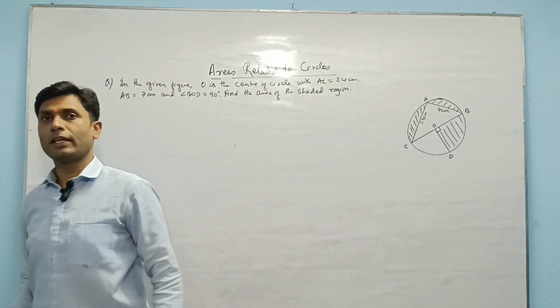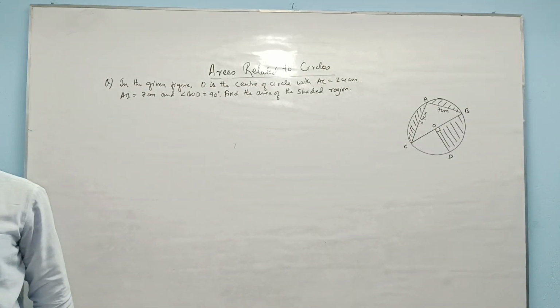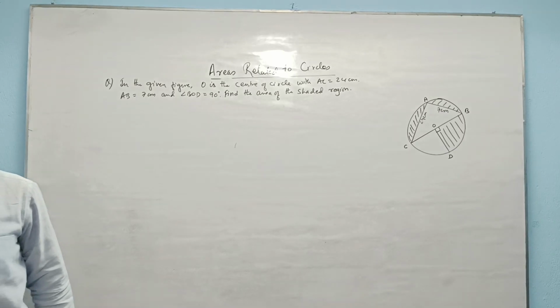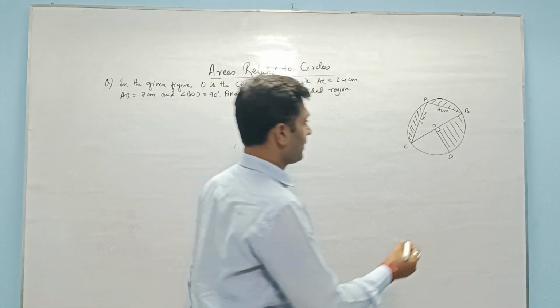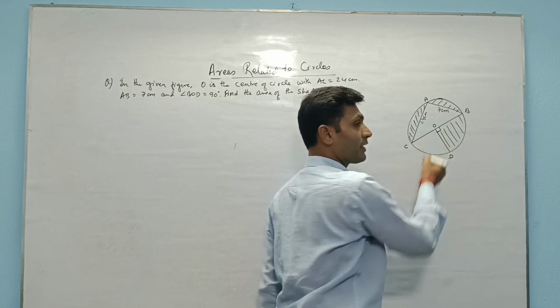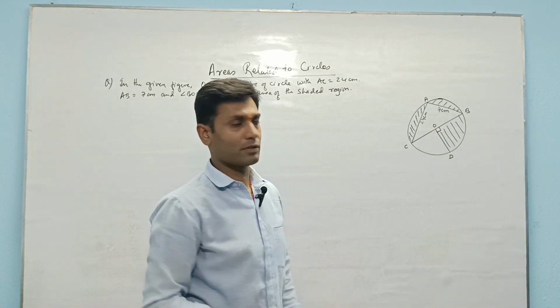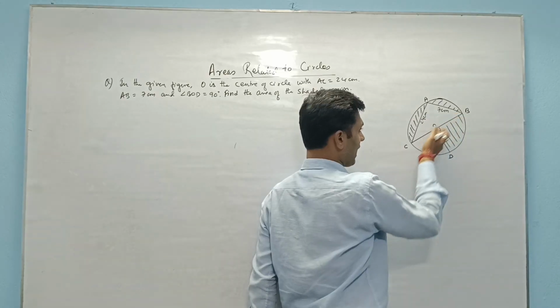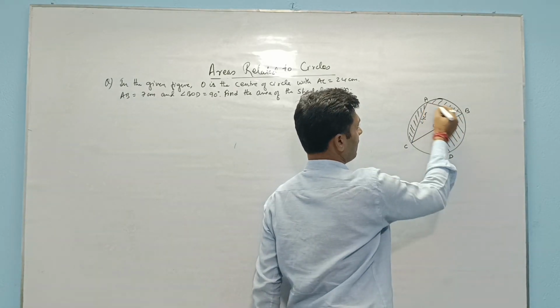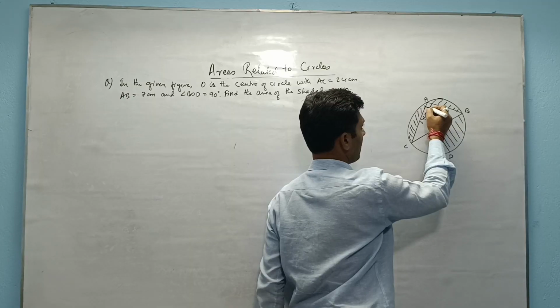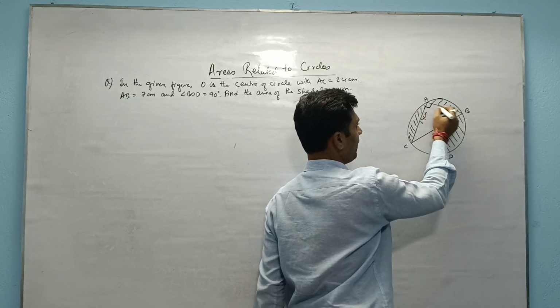So first of all, in class 9, what we had done: angle in a semicircle is 90 degrees. See, this BC is the diameter of the circle. So this diameter is subtended at this angle A on the circle, so this angle will be 90 degrees.